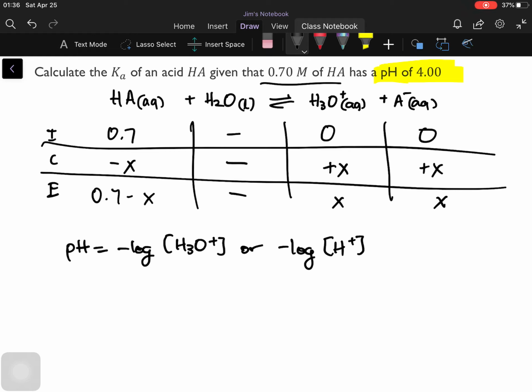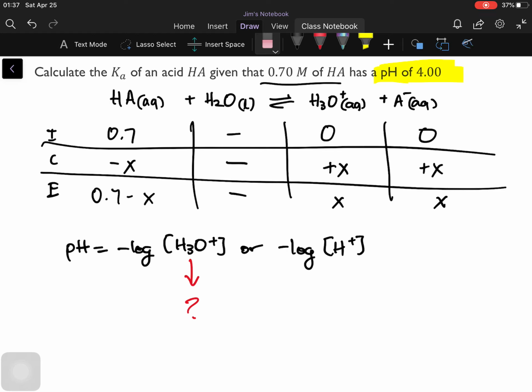Okay, so that means that with a pH of 4, using that information, we can get how much is the hydronium ion concentration in equilibrium? Take note, in equilibrium, not in the initial concentration.